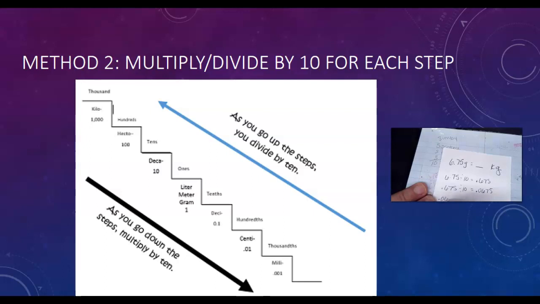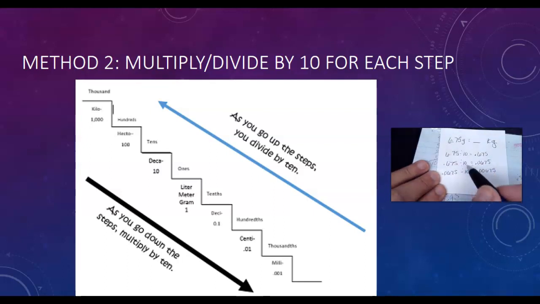And 0.0675 divided by 10 for our third step equals 0.00675. Now, 10 times 10 times 10 is 1,000. So you could shorten this up by taking 6.75 and just dividing it by 1,000 in order to get the same answer.